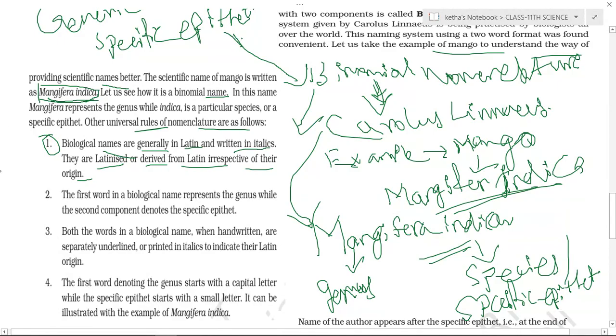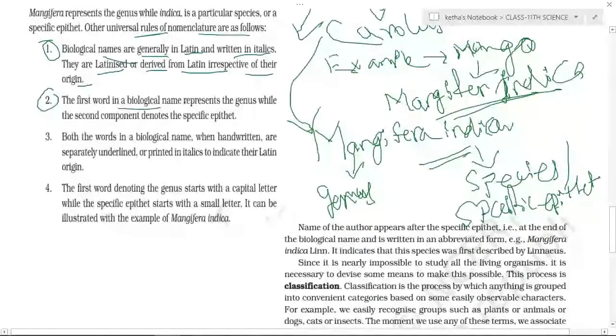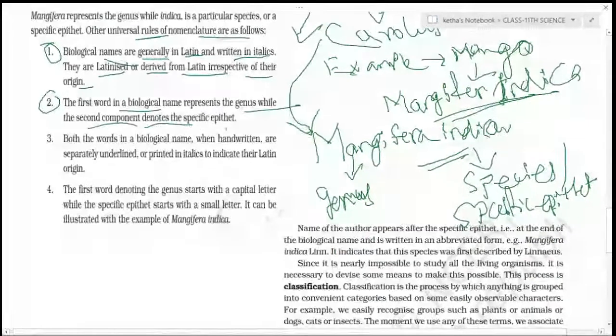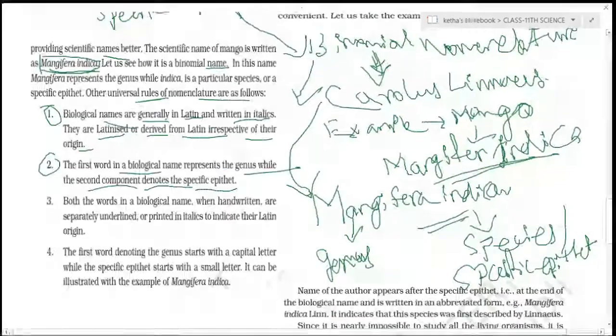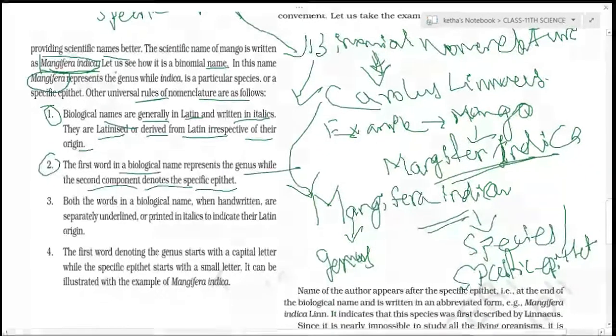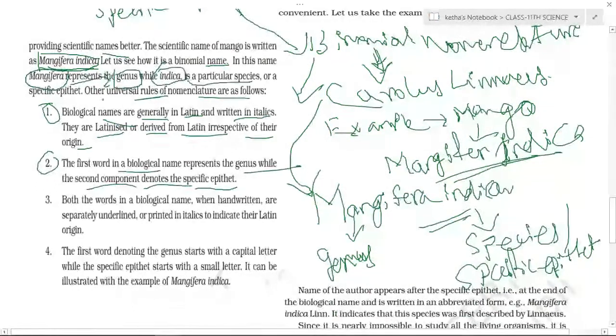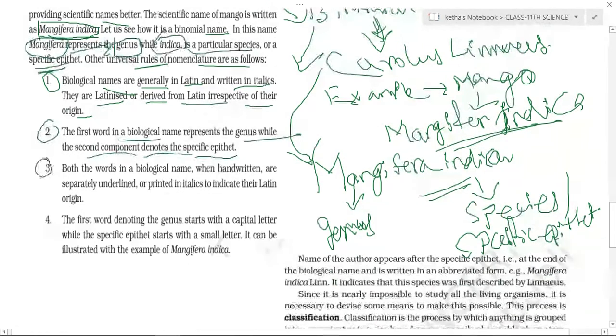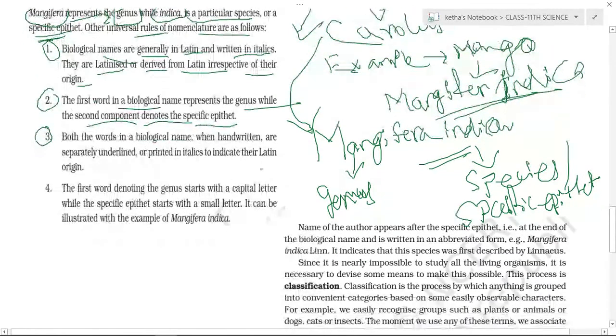Second, the first word in a biological name represents the genus, while the second component denotes the specific epithet. So Mangifera is the genus, and indica is the species or specific epithet. Third, both words in a biological name, when handwritten, are separately underlined, and printed in italics to indicate their Latin origin.